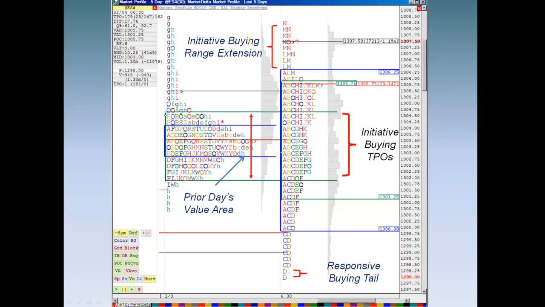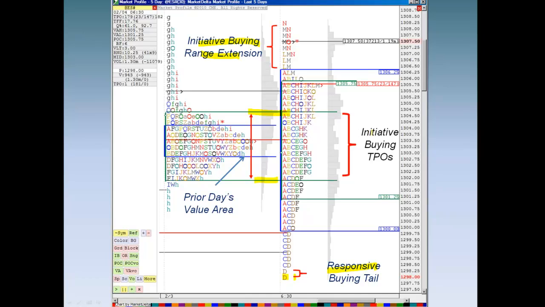Last but not least, our initiative buying range extension. Now notice, because we are above the value area, the behavior now is initiative. It's no longer responsive. It was responsive down here when they stepped in to bring prices up. They responded to the opportunity.